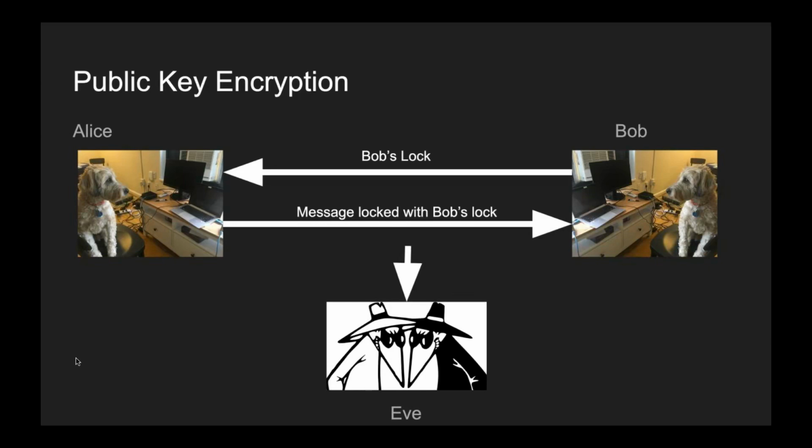So the basic idea is Bob can tell the whole world how to make a lock that only Bob knows the key to. Bob can tell everyone Bob's lock, and then Alice can use Bob's lock to encrypt a message and send it back to Bob. Now Eve listening in at the bottom will know how to make Bob's lock, and will see something encrypted with Bob's lock, but without Bob's key, neither of those things is super helpful. And so Eve will not be able to read the message.